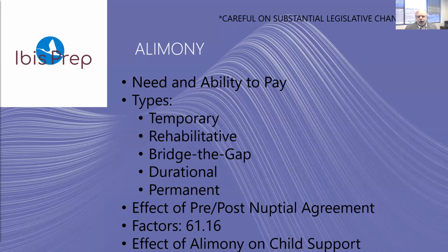Now, the polestar for alimony is one spouse's need and the other spouse's ability to pay. They both must be present in order for the court to award alimony. What is need? Need is not creating a savings account. Need is usually based on the financial affidavits and is indicated by a deficit for the party that is in need.